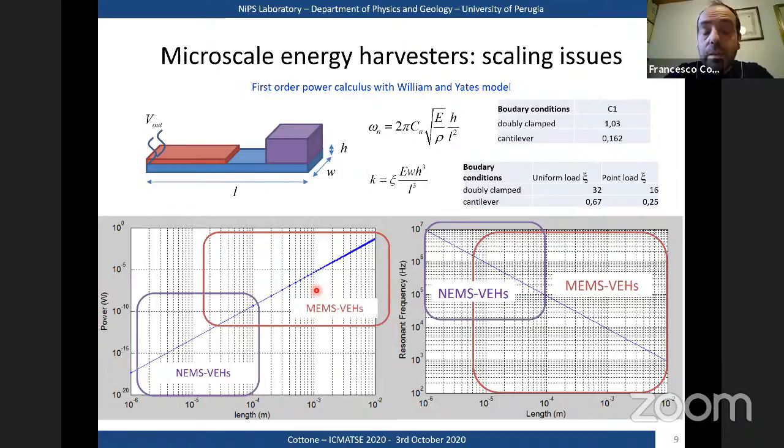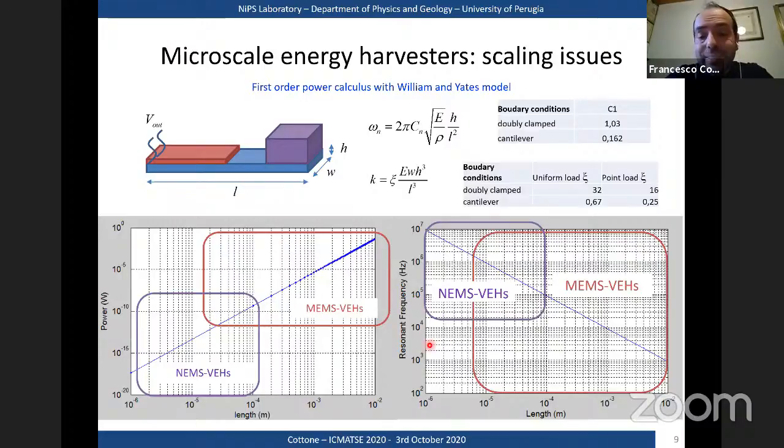Recent advancements in reducing the power consumption of miniature sensors based on CMOS technology, for example, help this research in matching the power that can be provided by vibration energy harvesters.